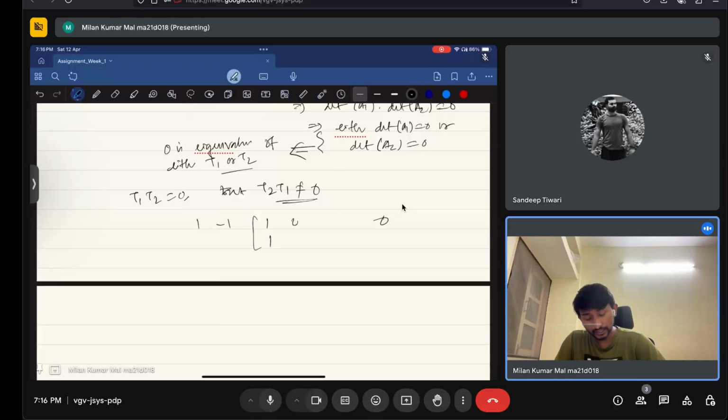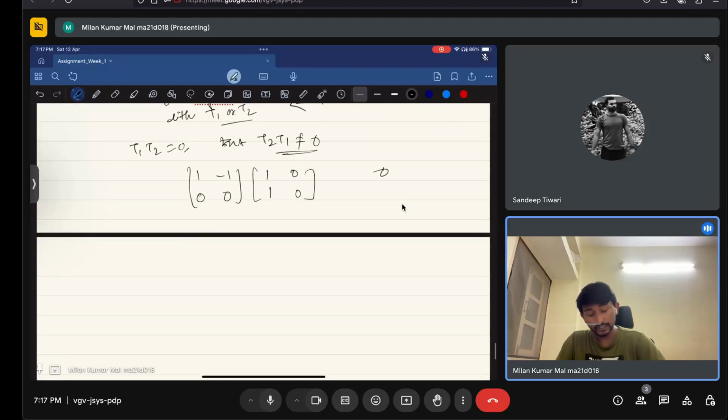If I want to make the second term 0, I can give it this way, right? And if I want to make all other terms 0, I can write this way, right? This is T1, this is T2. Now this is equal to 0 0 0 0, right?